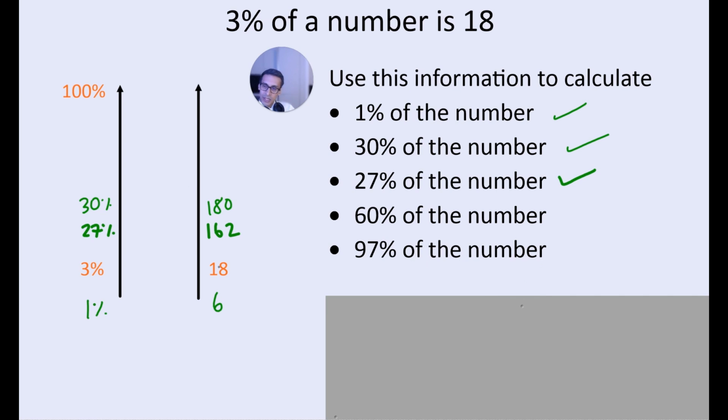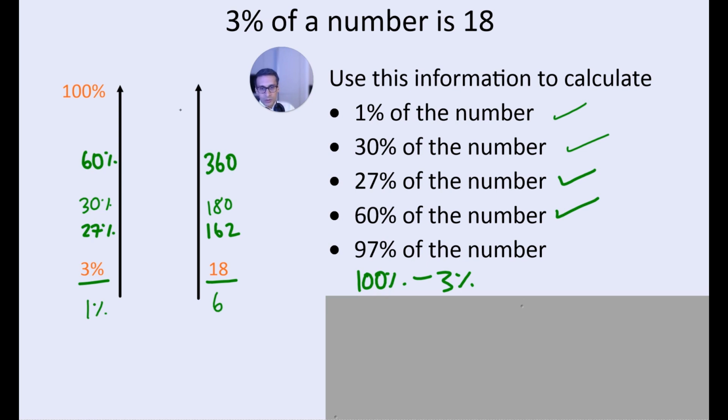60%. Now, can we work out 60% easily? Yeah, using what we have. 30 times 2 is 60. So 60%, we're going to do 180 times 2, which is 360. And finally, 97%. Now, 97% using what we already have. 97% is 100% take away 3%.